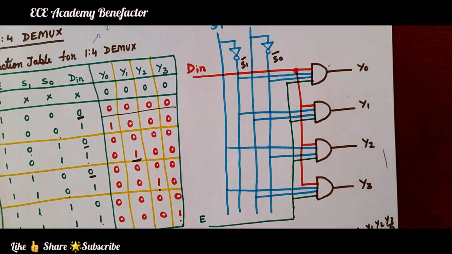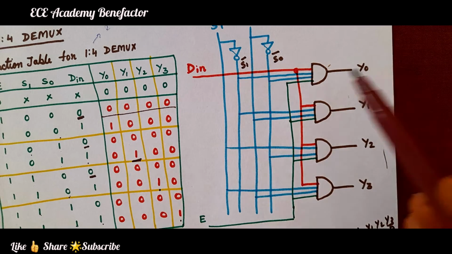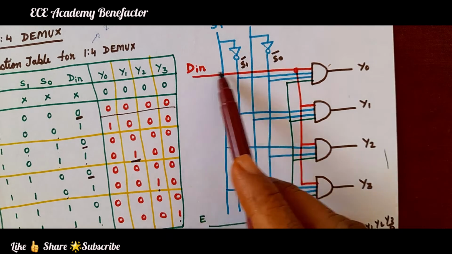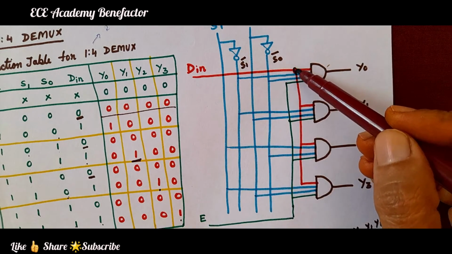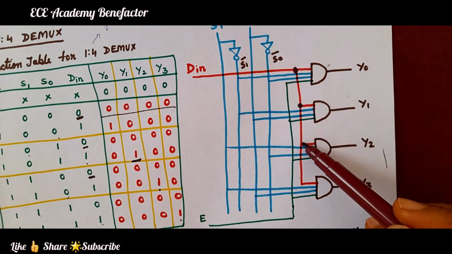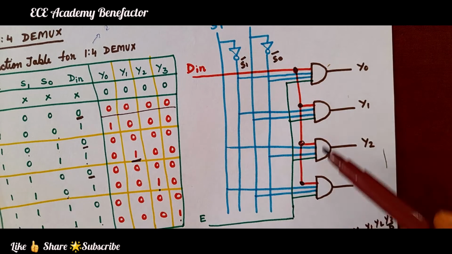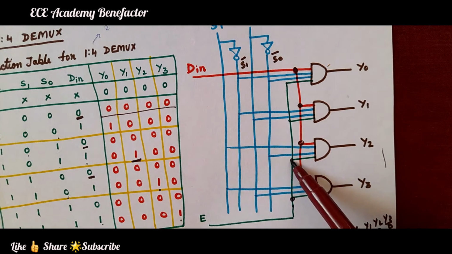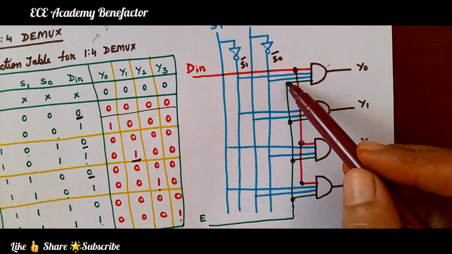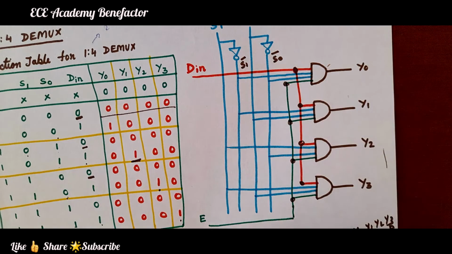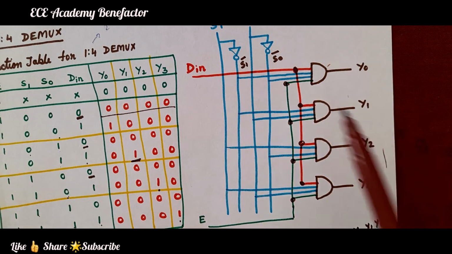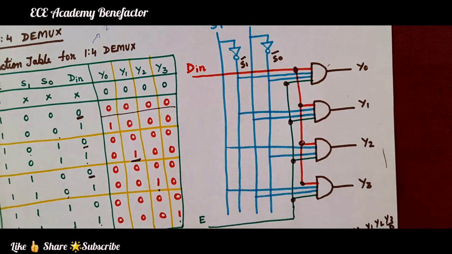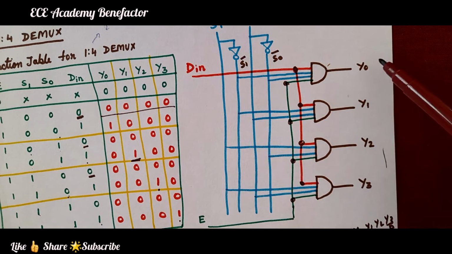So let us understand: the data input is given to all the 4 AND gates and enable is also given to all the 4 AND gates through the green line. So data and enable are there all the time. Data input is 1 and enable is also 1.